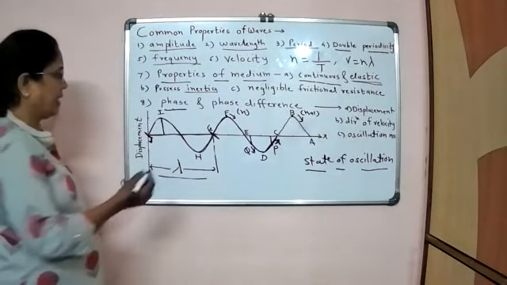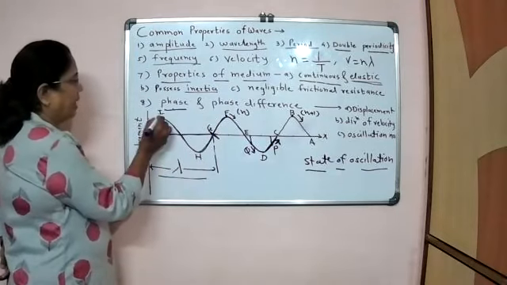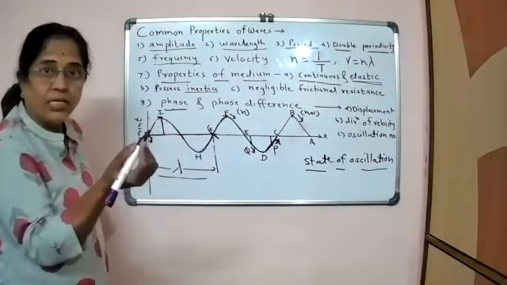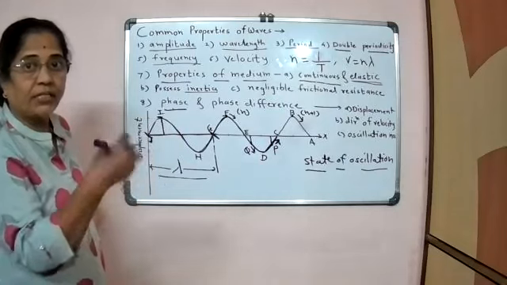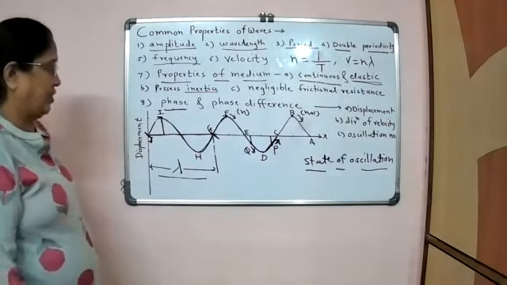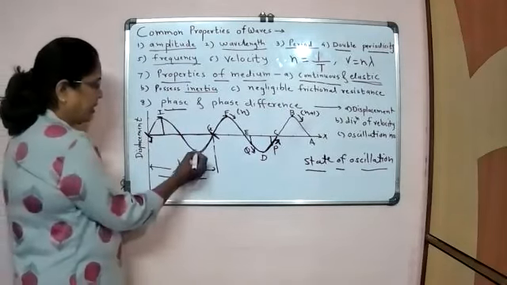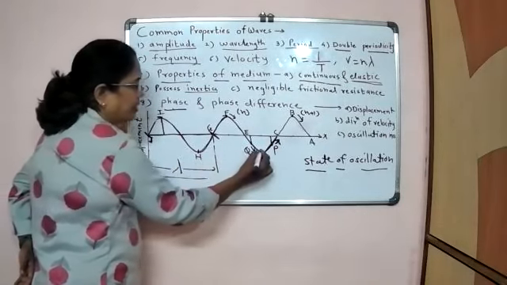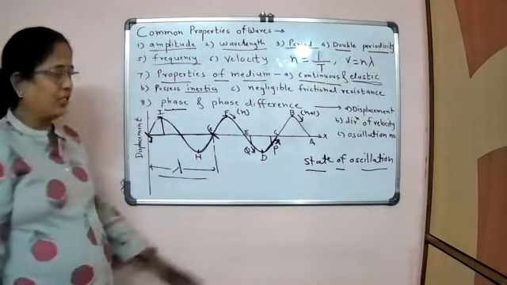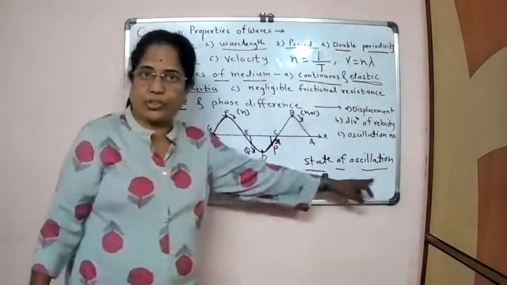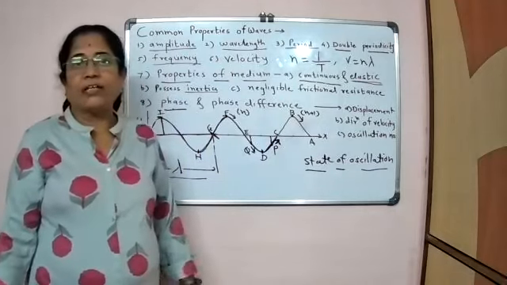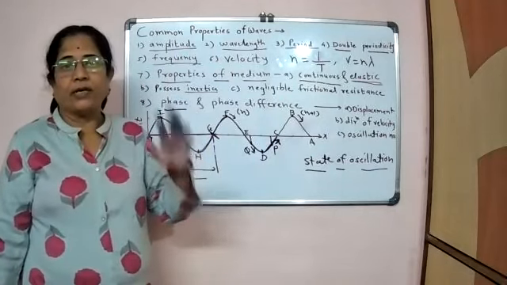Or you can say that particle I and particle F, they are also in same phase. Or particle H and particle D, they are in the same state of oscillation. That means they are in the same phase.